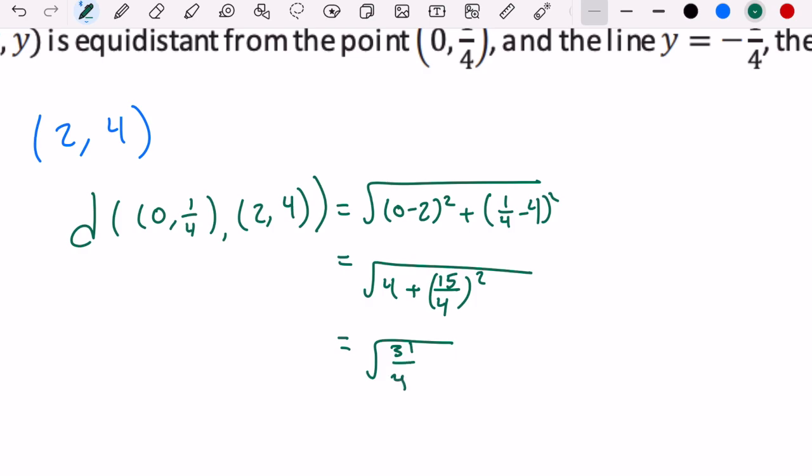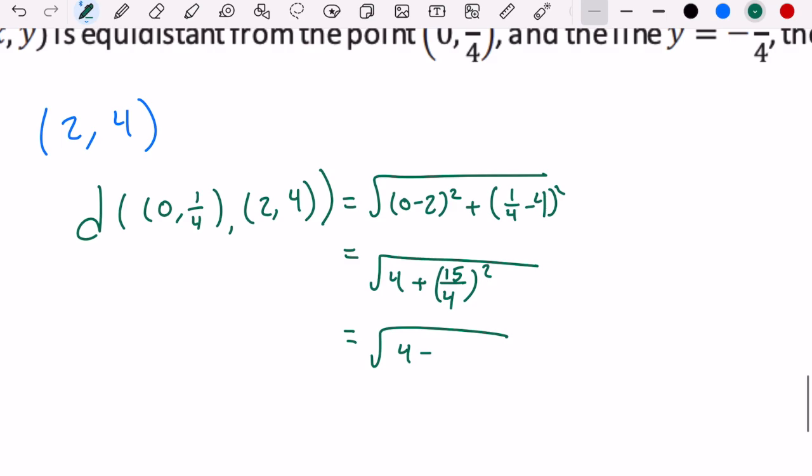No, sorry, I need to square first. That is 4 plus 225 over 16, because I need to square first. Then I multiply this one by 16, I add, that is 289 over 16, and that is 17 over 4 without the square root now.